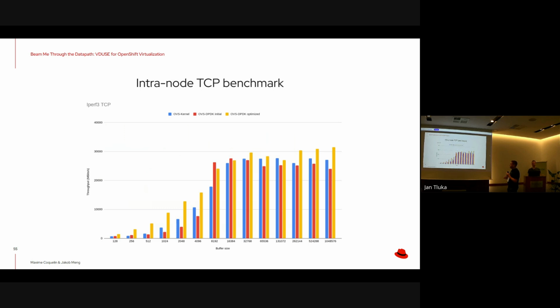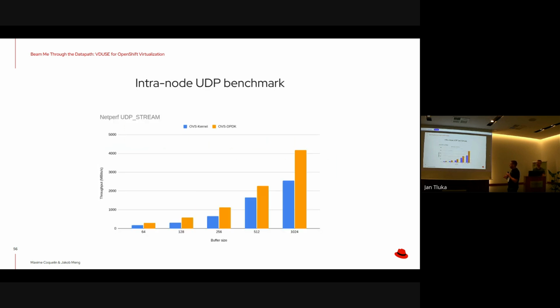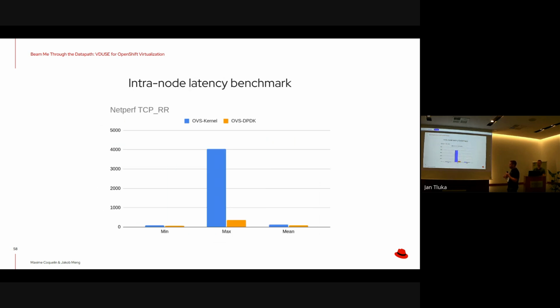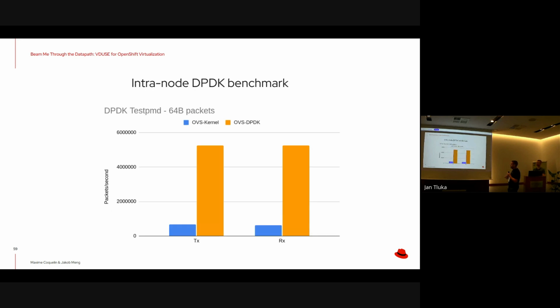We are much better than the kernel datapath for smaller buffers, and still on par or better for larger ones. Same for UDP. Latency is again in the same range as the previous internode test. And for DPDK, we have a factor of 8 between OVS DPDK and OVS kernel. So for DPDK workloads, if you have a VNF that you want to run on KubeVirt, that could be something to consider.